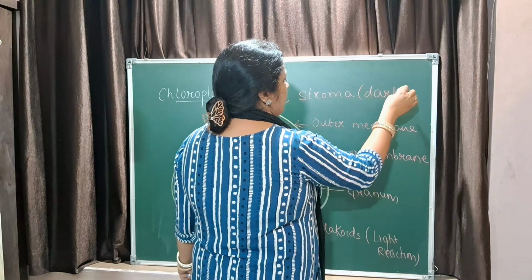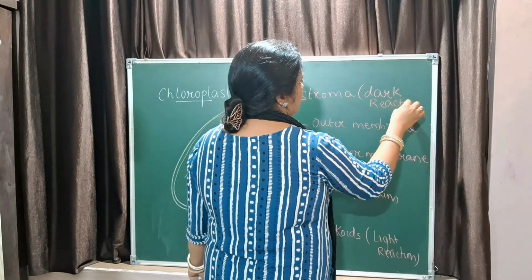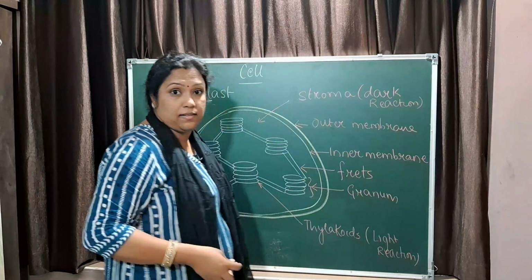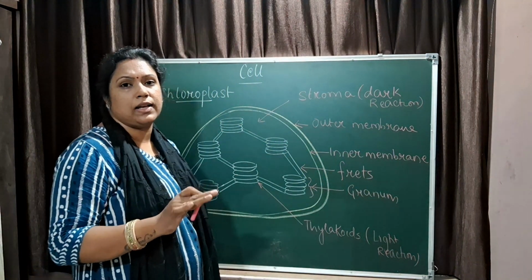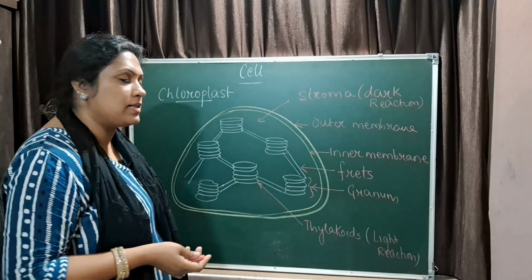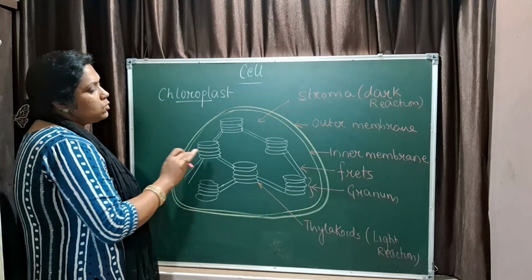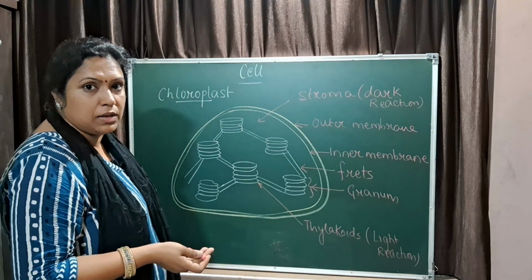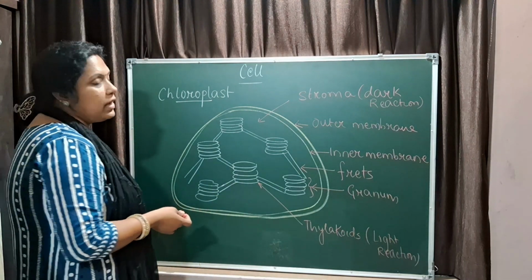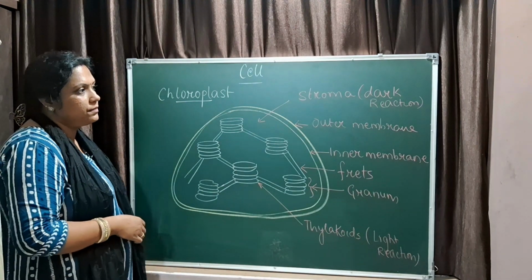Dark and light reaction you study in chapter 6, that is photosynthesis, in standard 10. In standard 9 you don't have anything related to the dark and the light reaction, but it is there in standard 10. So understanding this organelle is very important. This is one kind of plastid which contains chlorophyll as a pigment, green color pigment, and is called chloroplast. Any doubt here? No? Take a screenshot if you want.